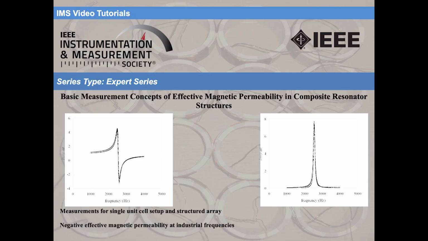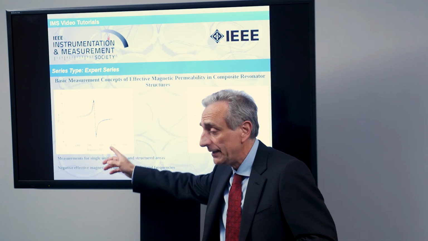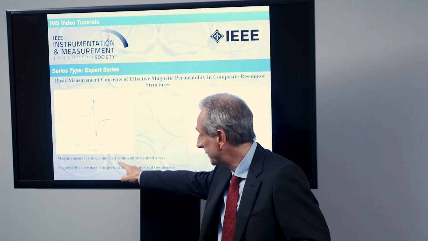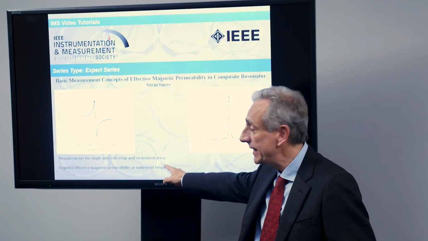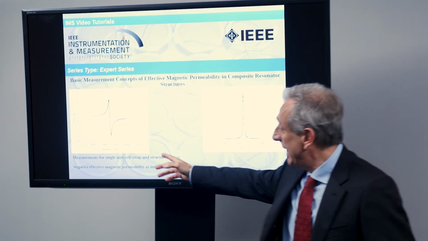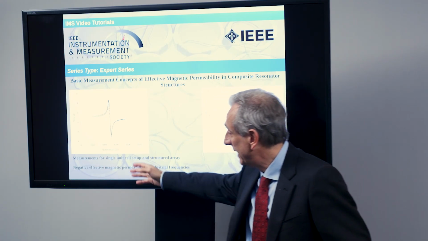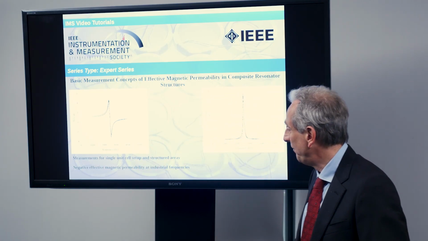As we can see now, we could obtain measurements referred both to the single unit cell setup and the structured array, and they are practically indistinguishable. And we can have a negative value of the effective permeability even at industrial frequency.